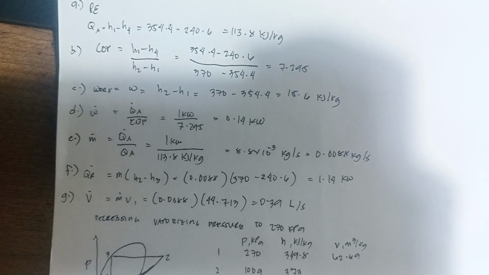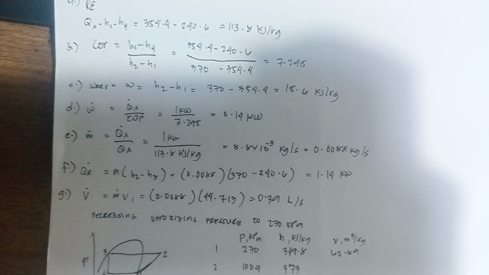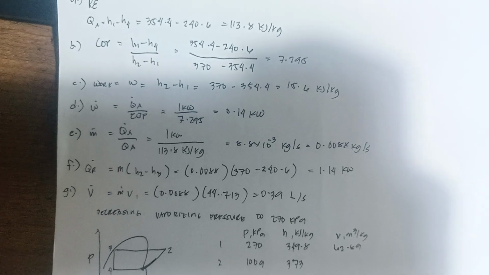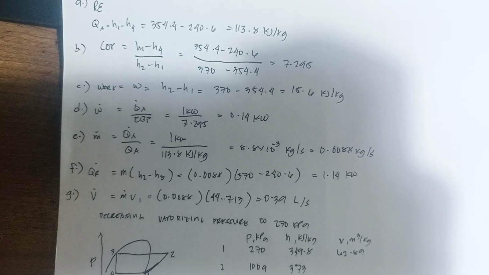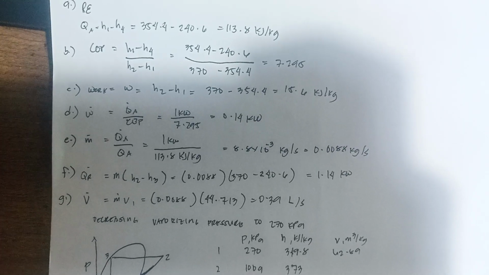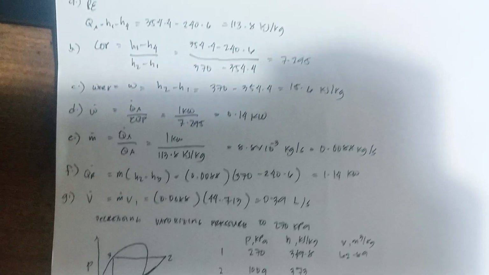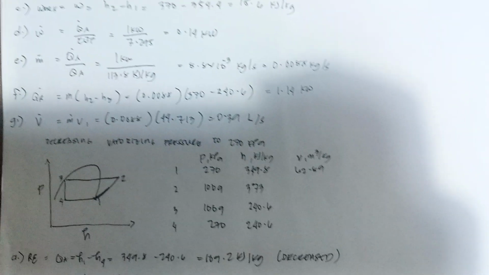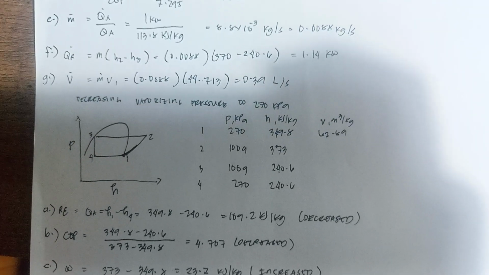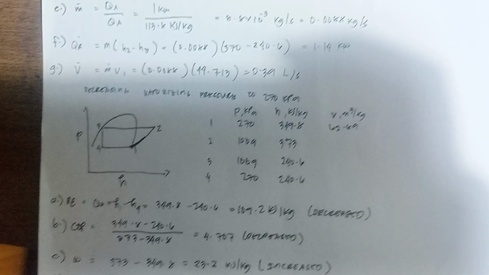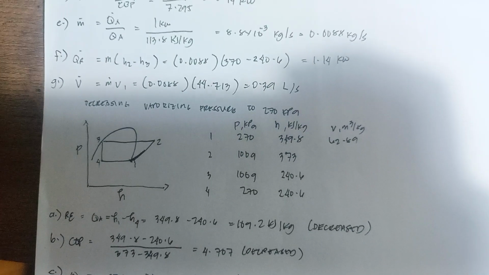For letter G, we have the volume flow rate, so mass flow rate times the specific volume. We have 0.0088 times 44.713 is equal to 0.39 liters per second. So notice that the problem says to show the effect of decreasing the vaporizing pressure to 270 kPa on the following.